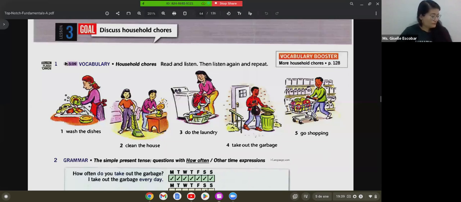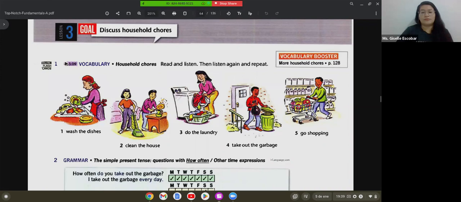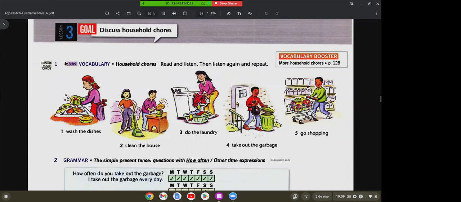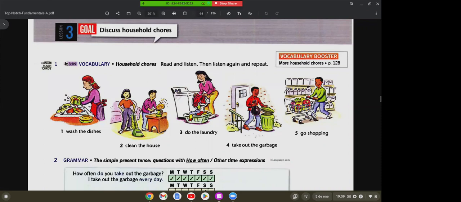Wash the dishes. Clean the house. Do the laundry. Take out the garbage. Go shopping.